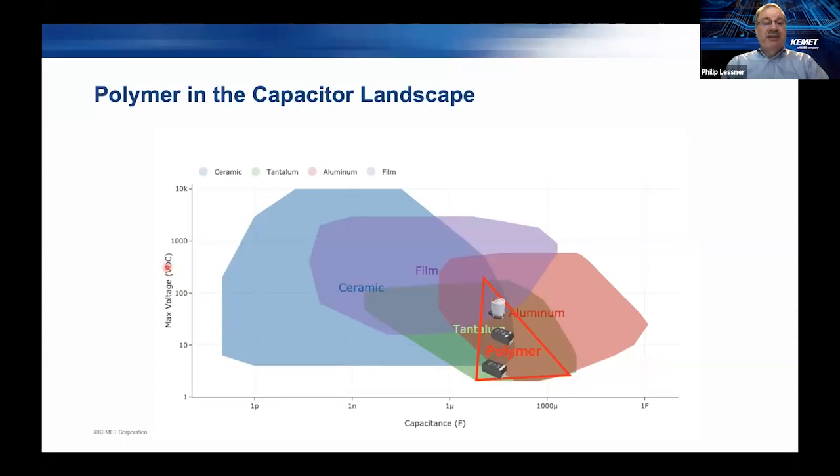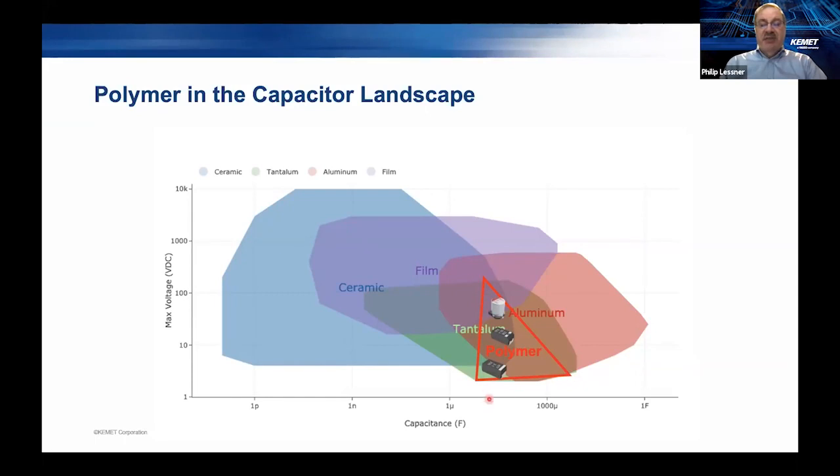For capacitors, voltages span from about 2 volts up to several thousand volts, and capacitances from the picofarad range up into the microfarad and thousands of microfarad range for these dielectrics, where polymer capacitors fit in the range of about 2 volts to about 200 volts, and capacitances ranging from a few tens of microfarads to a few 1,000 microfarads.